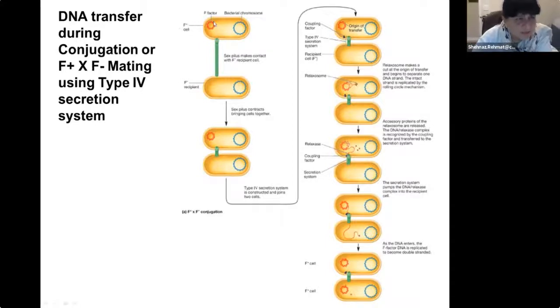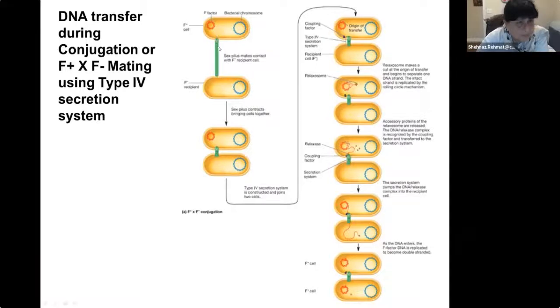The cell that has the fertility factor, which is a plasmid, an extrachromosomal DNA, will become a donor. So this is the donor cell, and here is the recipient cell, which is considered to be an F minus. So the conjugation occurs between an F plus and F minus, and we name them the donor cell and the recipient cell.